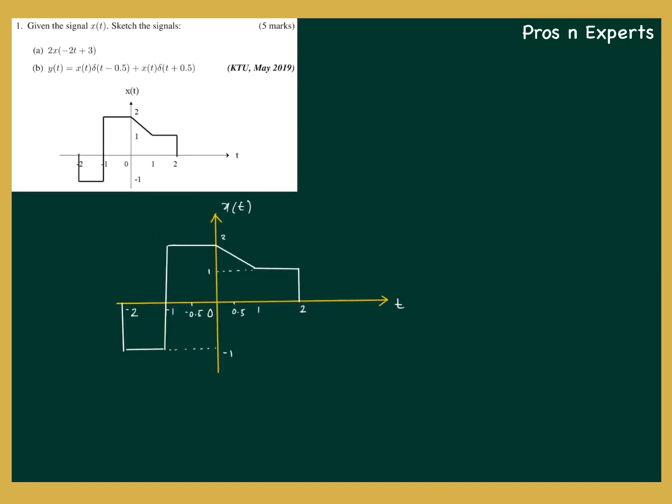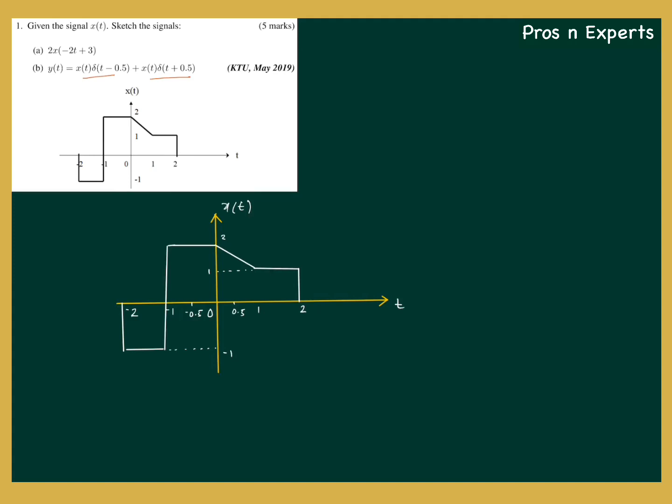Okay, now let us see question B. Question B asks us to find y of t, which is a sum of the product of two terms, x of t into del of t minus 0.5 plus x of t into del of t plus 0.5. Actually, what is this del of t minus 0.5 and del of t plus 0.5?